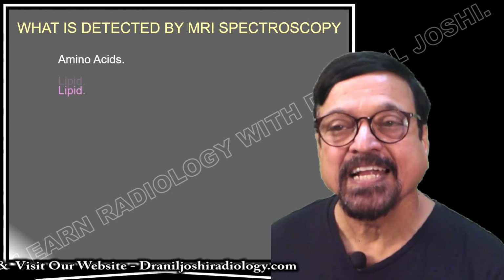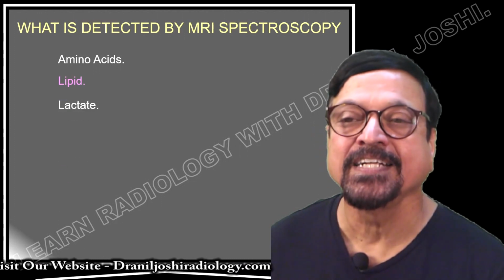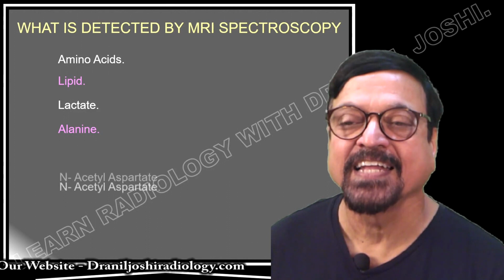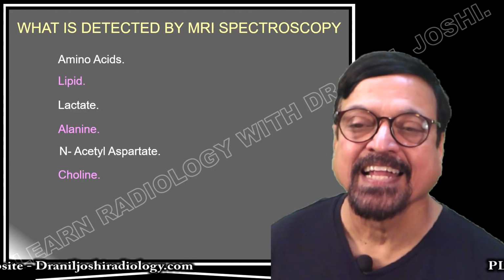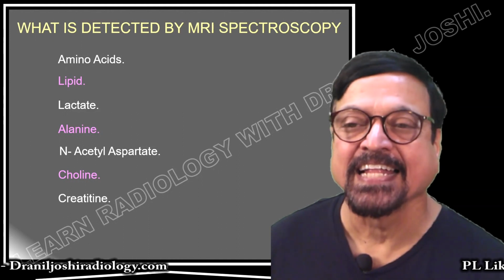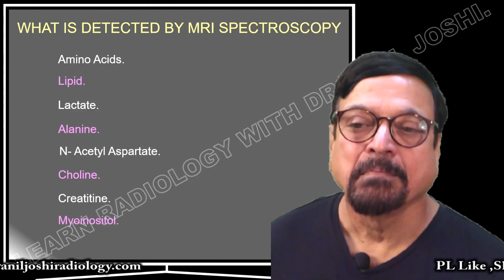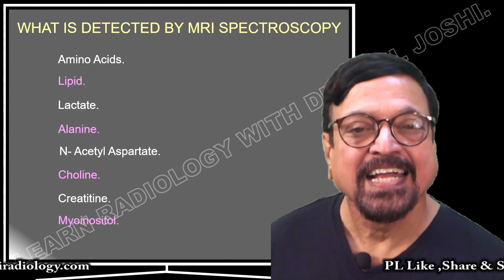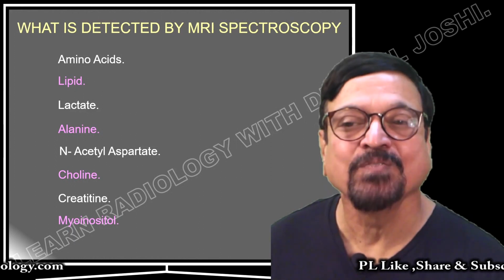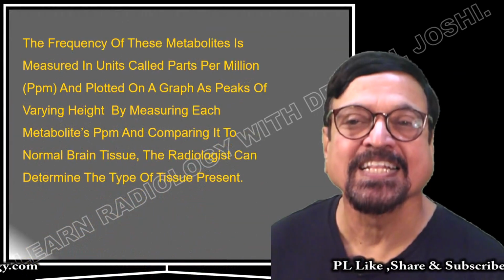Now, what is detected? Amino acids, lipids, lactate, alanine, then N-acetyl aspartate, then choline and creatine. Myoinositol is also detected. It has got specific application which we are going to see subsequently in this lecture.